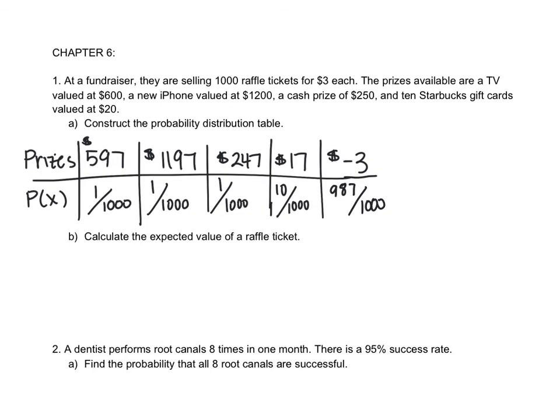Now we want to calculate the expected value of a raffle ticket. Expected value, remember, is just another way to say mean. So we take our outcomes and multiply them by their probabilities and add them all together.